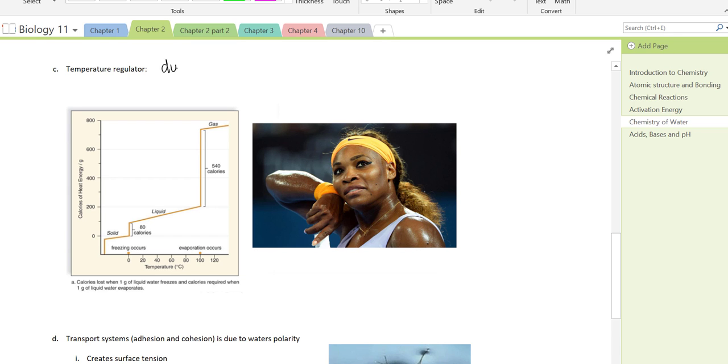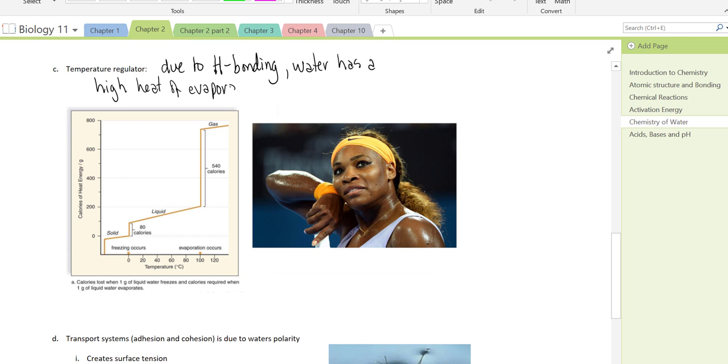So due to hydrogen bonding, and I'll just abbreviate it with H bonding, water has a high heat of evaporation.